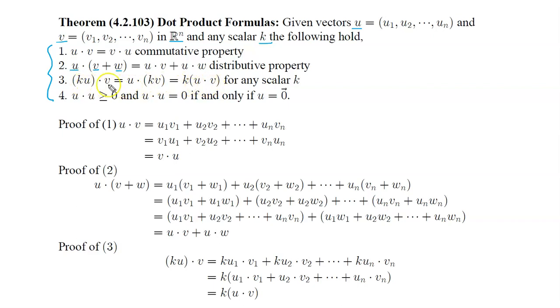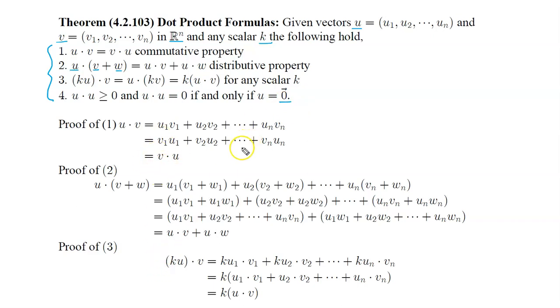So you can move the k around like that. You can either group it with the u or the v, or you can completely move it outside. We also have the property that u dot u, u dotted with itself, is always bigger than or equal to 0, and u dot u is equal to 0 if and only if u is actually the 0 vector.